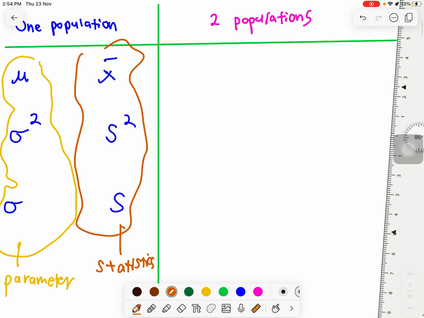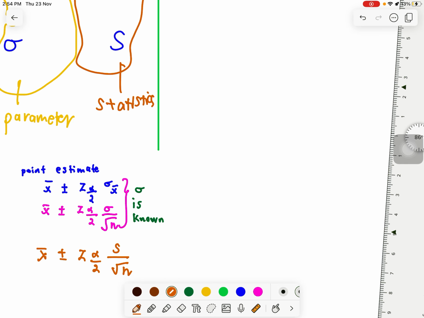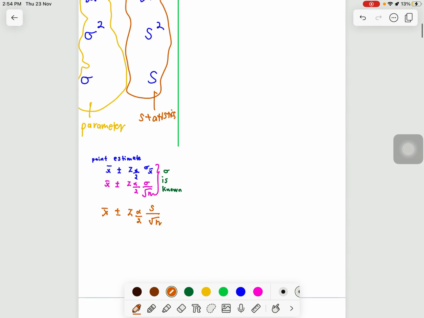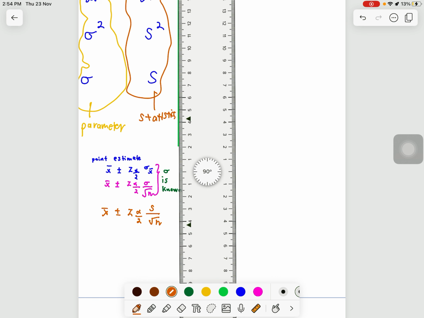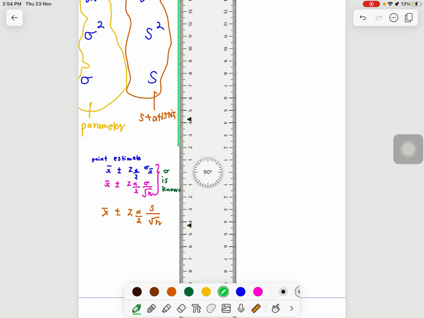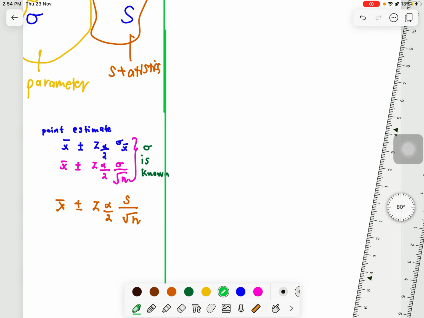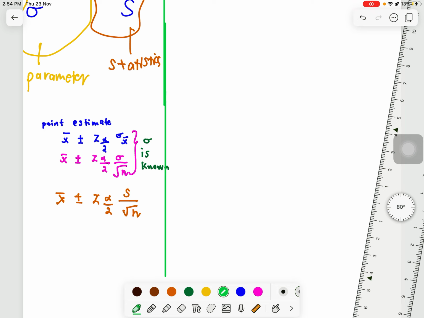So for two populations, it is not much different. Because we have two groups of sample, it will be x bar 1 minus x bar 2 plus minus Z alpha over 2.